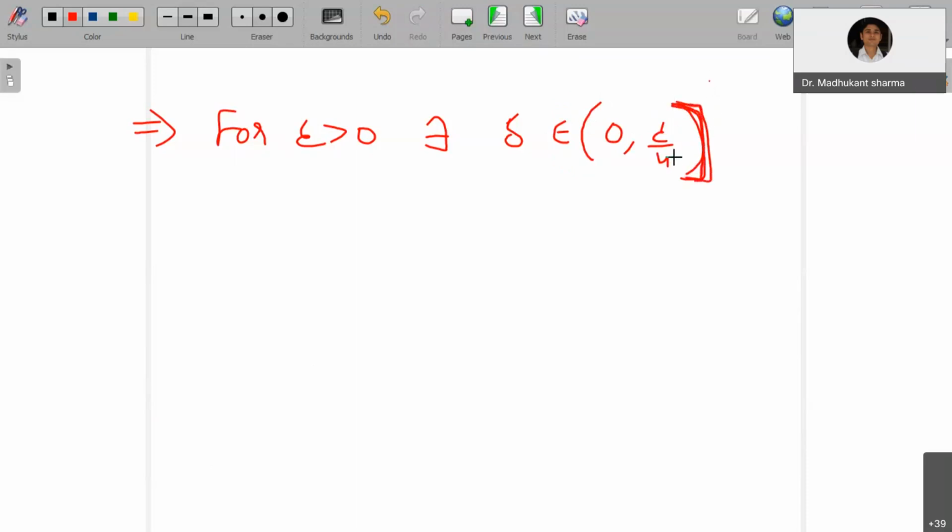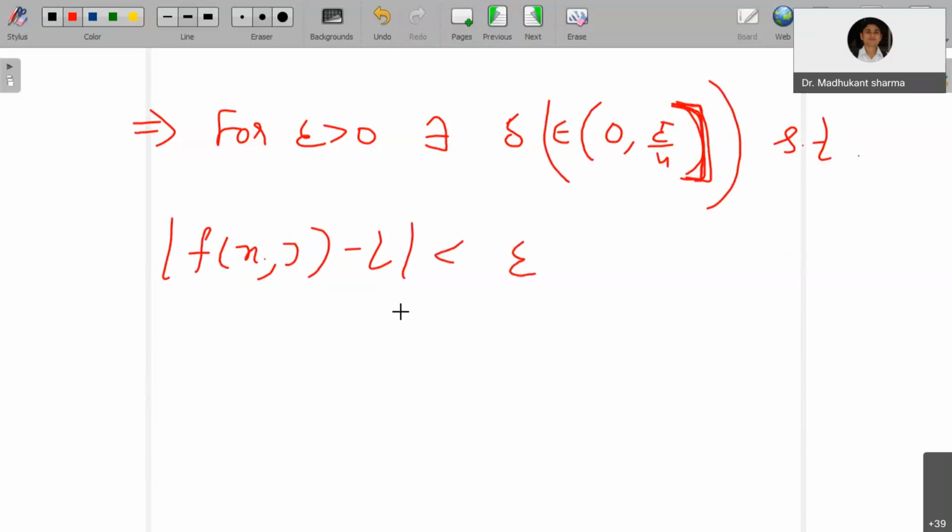There are infinitely many such numbers we have encountered, such that mod of f of x comma y minus L is less than epsilon whenever 0 is less than square root of x square plus y square less than delta.